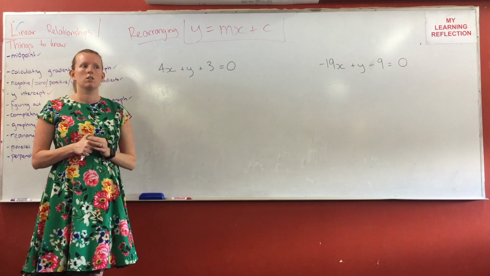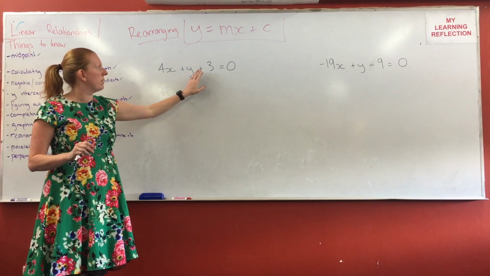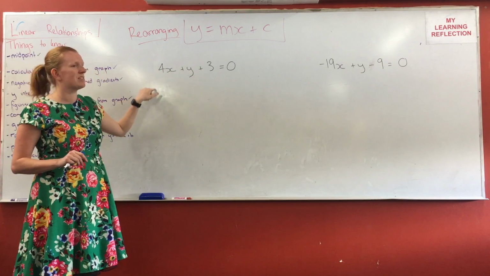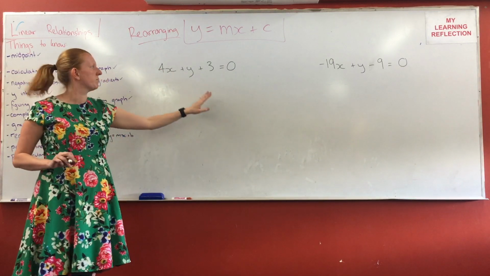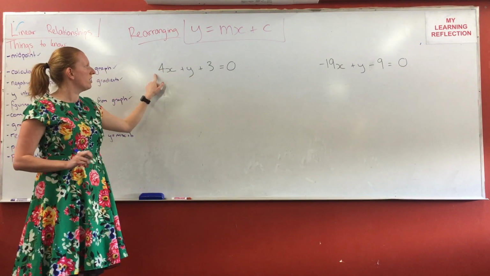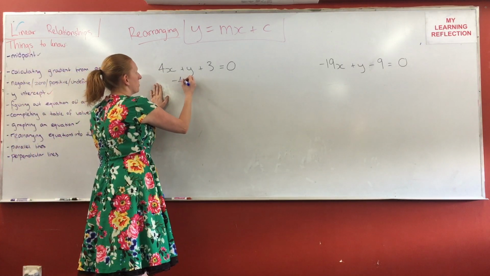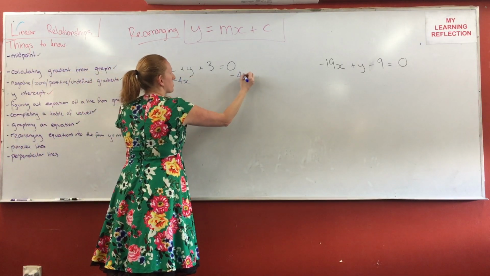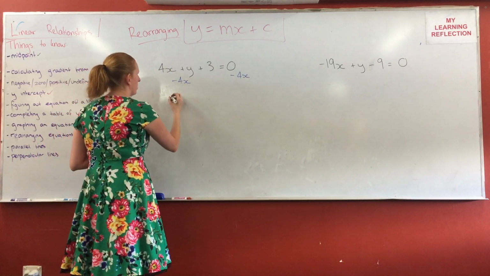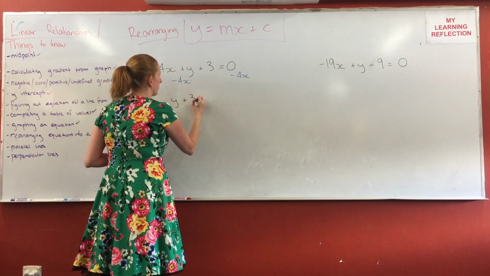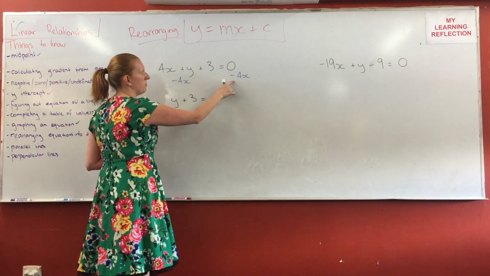First, my goal is to have y left over this side. Everything else, I want to move. I want to get rid of everything else. So, great. I'm going to subtract 4x from this side, and I'm going to subtract 4x from this side. So, over here I'm left with y plus 3 is equal to, what's 0 minus 4x?